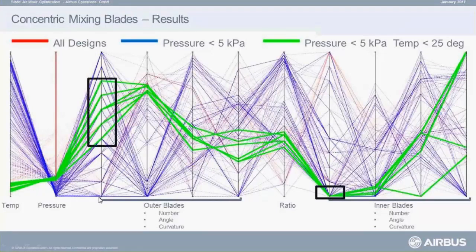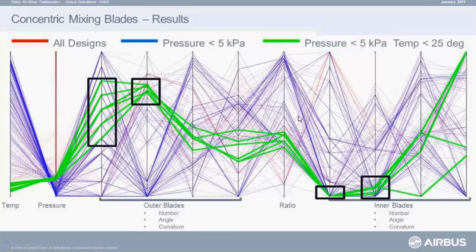When we look at the number of outer plates here, we can see that all the best designs have a high number of plates in the outer region. That's what we already concluded before. It's just a different type of presentation. And the inner plates have a low number here.